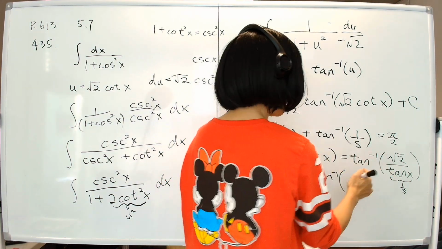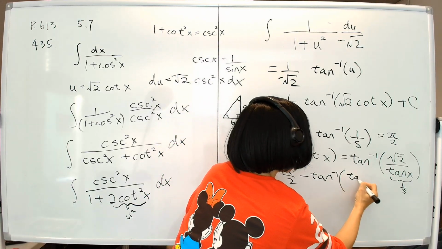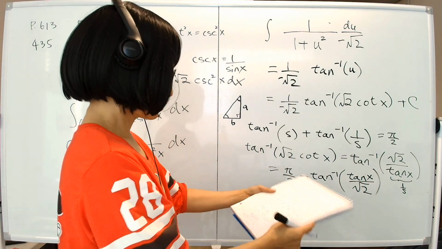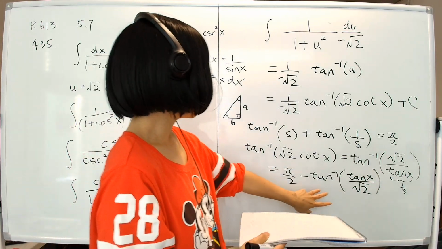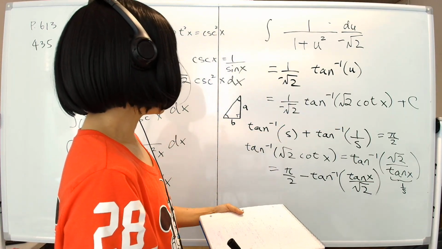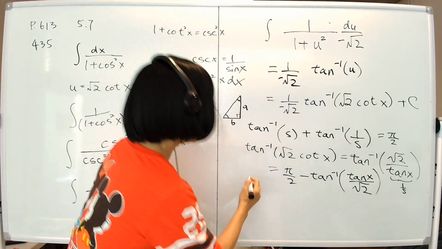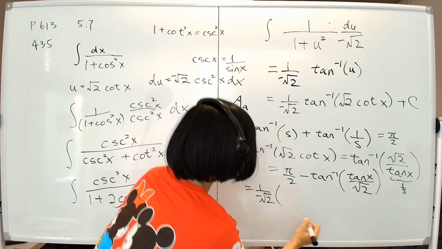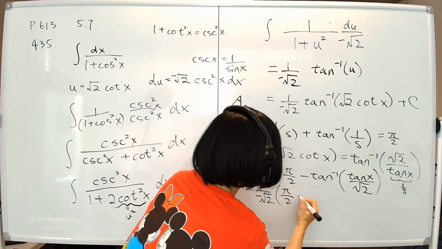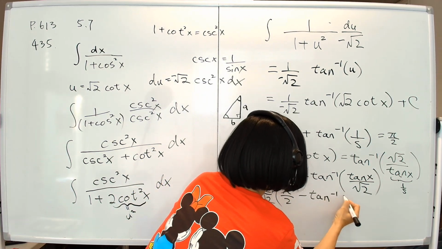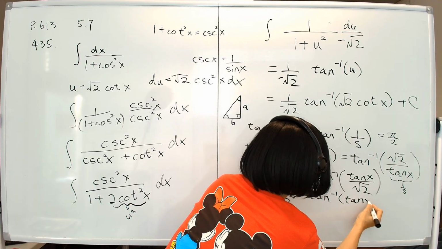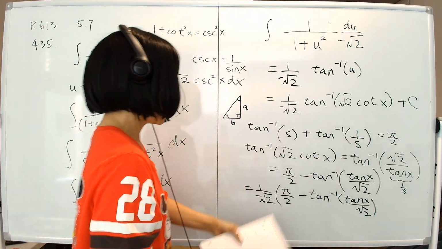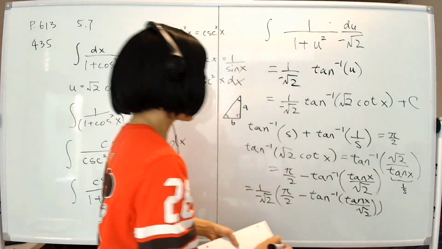Now 1 over s is this thing, so s is tangent x over square root of 2. And now the original formula becomes A equals 1 over negative square root of 2 times this stuff inside, pi over 2 minus tangent inverse of tangent x over square root of 2. That looks okay so far. And then plus c.